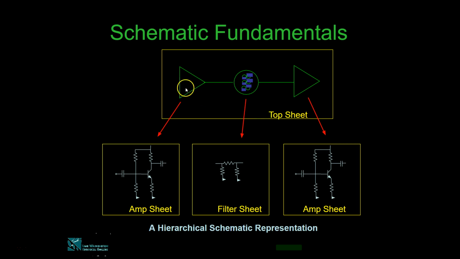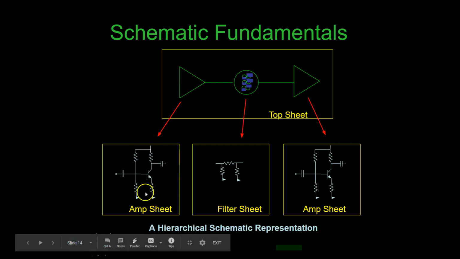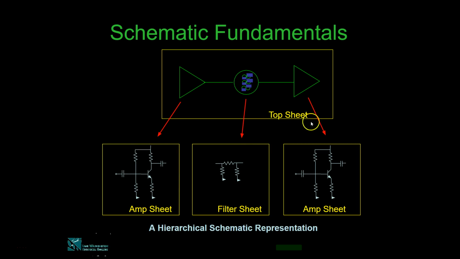This one shows the amplifier, this is also an amplifier, and this symbol is the filter. If you click on these symbols when you design in the PCB software, you can actually see the whole circuit. And this is very useful, because it makes your design very short and very clean.